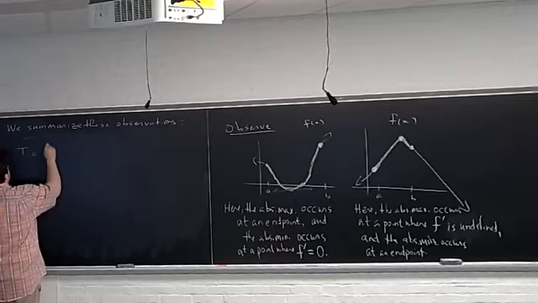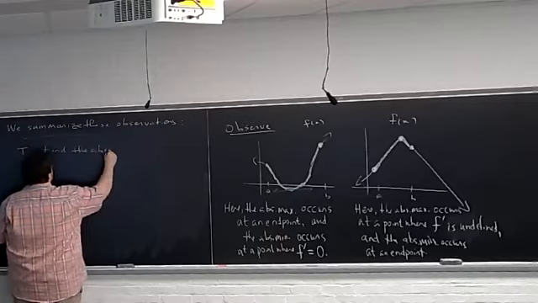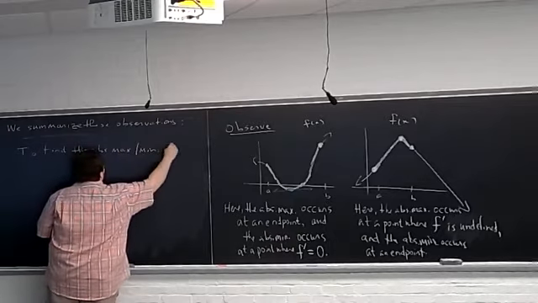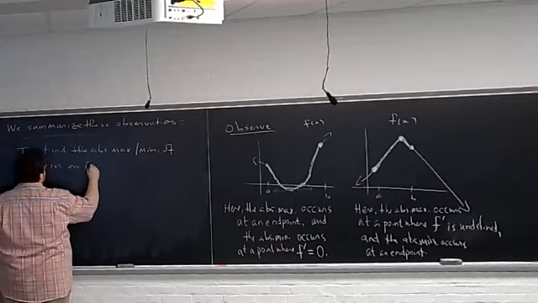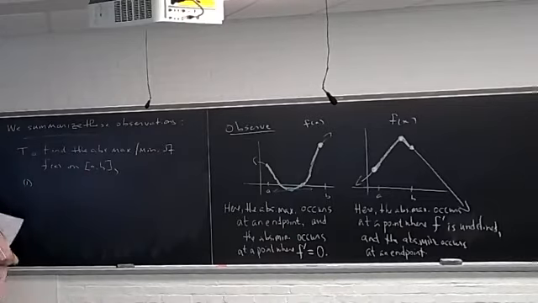So to find the absolute maximum and minimum of a function f of x on [a, b], we first need where the derivative is 0, where the derivative is undefined. I guess I should have defined that beforehand.